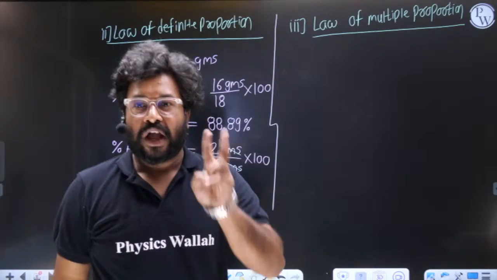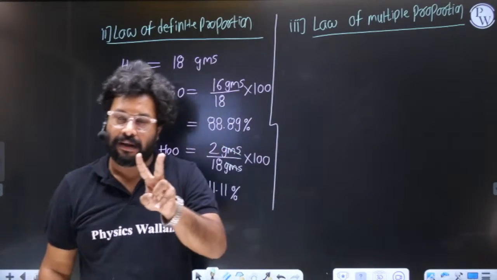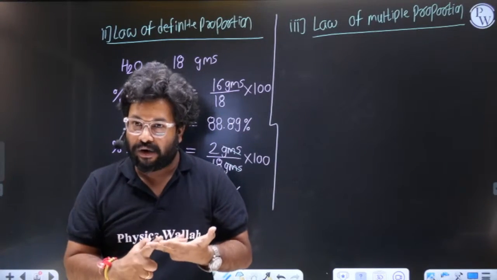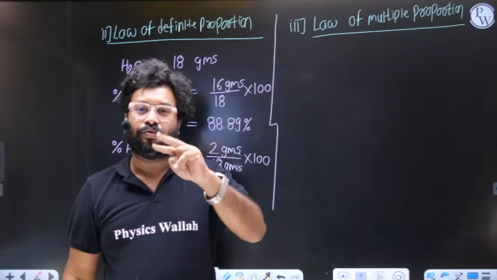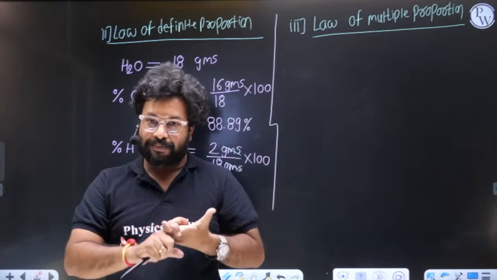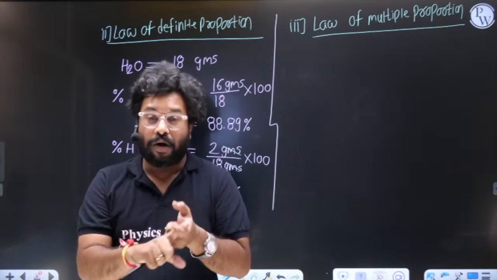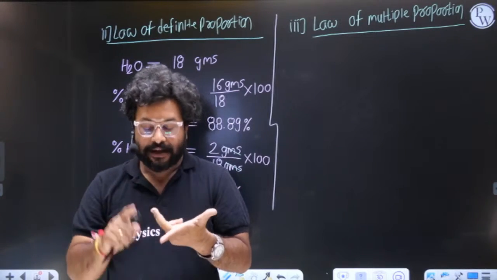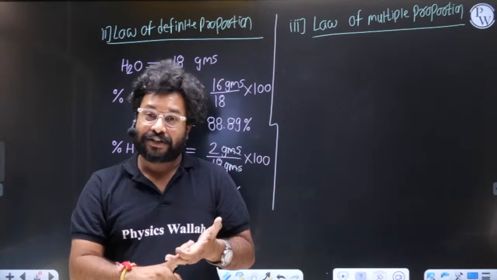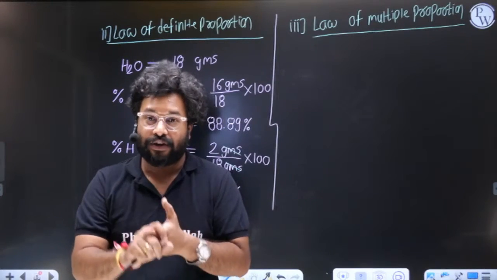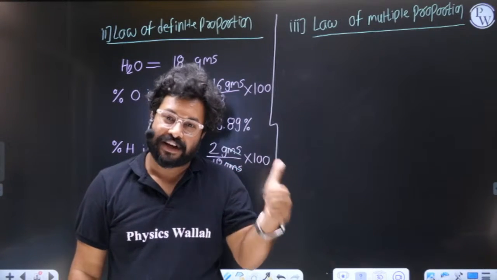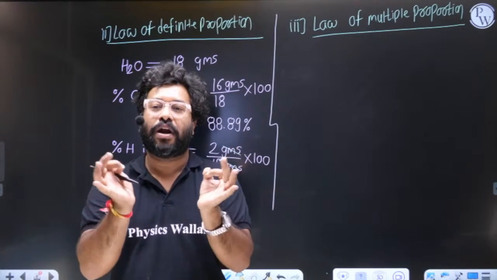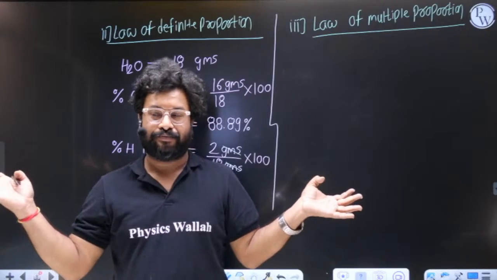It states that when two elements combine to give you two or more compounds, then the weight of one element which combines with the fixed weight of the other element bears a simple whole number ratio among them. Okay?